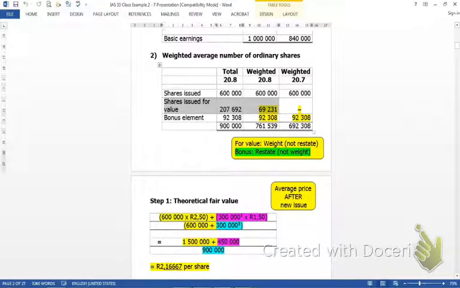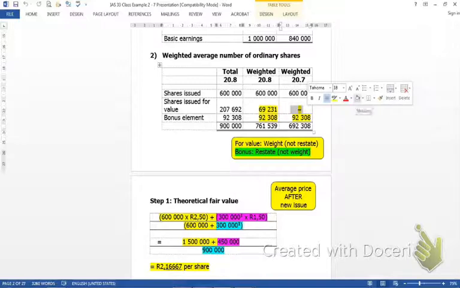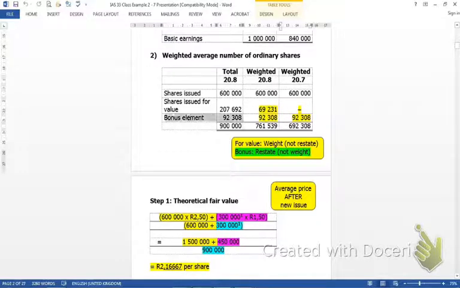And as we said, once you've weighted averaged them, there will be no restatement of previous years. But then we get to the bonus element, which we calculated in calculation number 3 below, the step number 3 below, the 92,308.